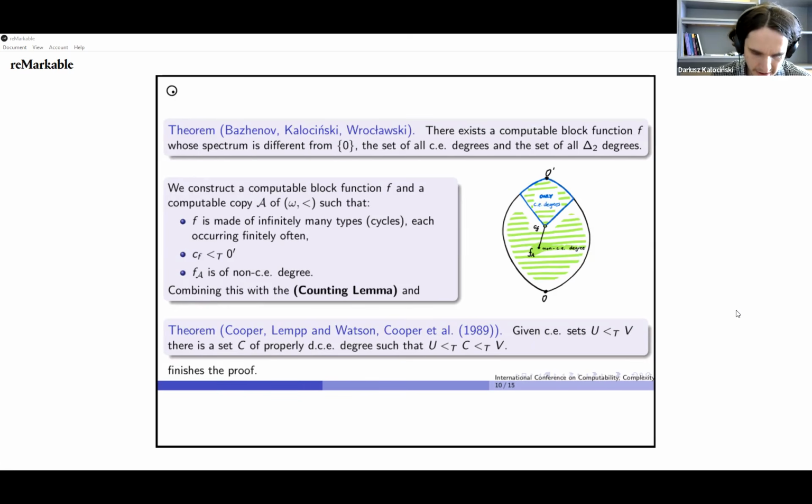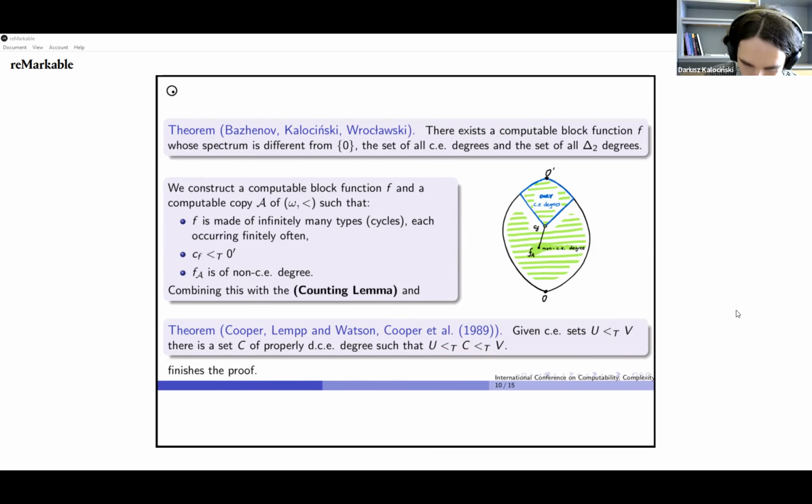To see this, we have to combine the counting lemma that I showed you on the previous slide with the theorem by Cooper, Lamb, and Watson, which says that for any C sets U strictly below V, there is a set C of properly DC degree, such that C is strictly between U and V.